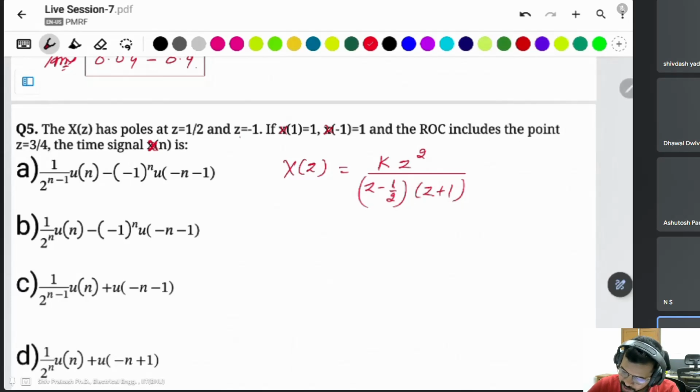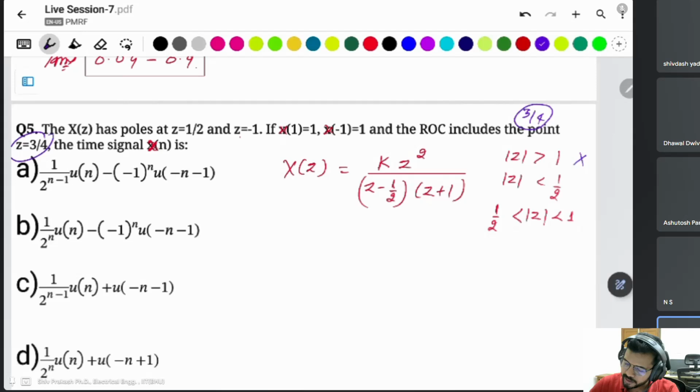There are 3 possible ROCs. First one, mod of z should be greater than 1; second, mod of z less than half; and third, mod of z greater than half and less than 1. And in which category does 3 by 4 lie? Okay, 3 by 4 and greater than 1, it is not included.